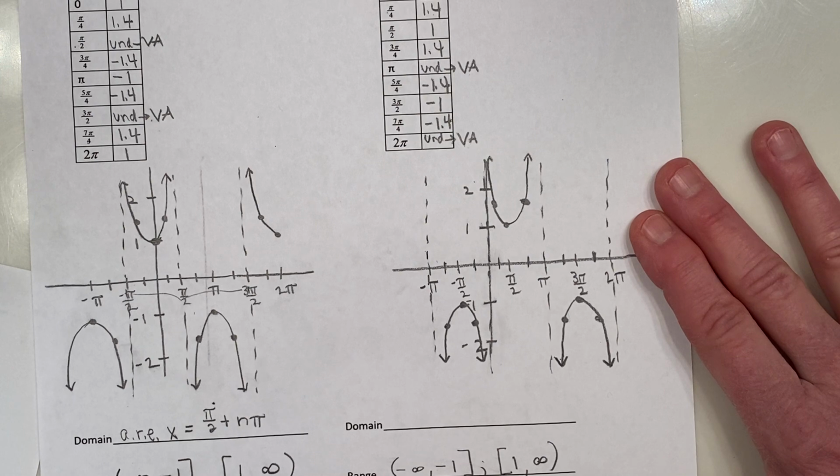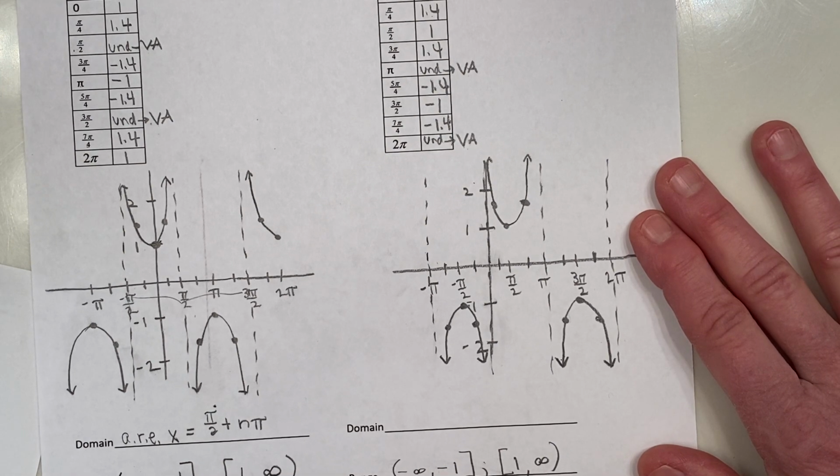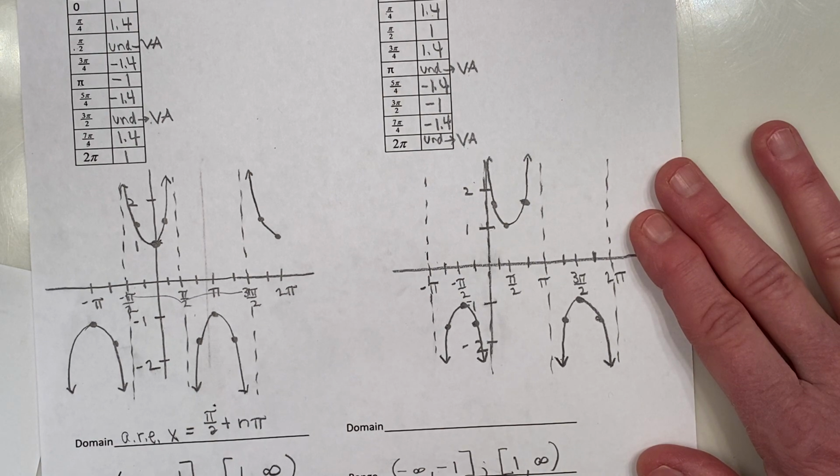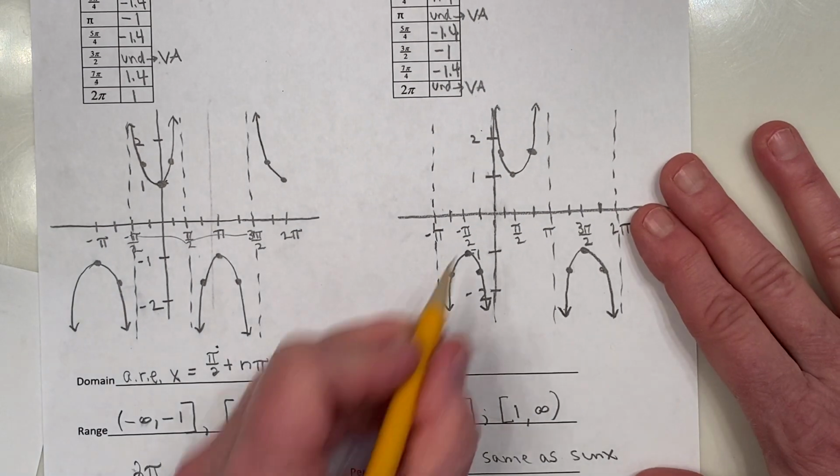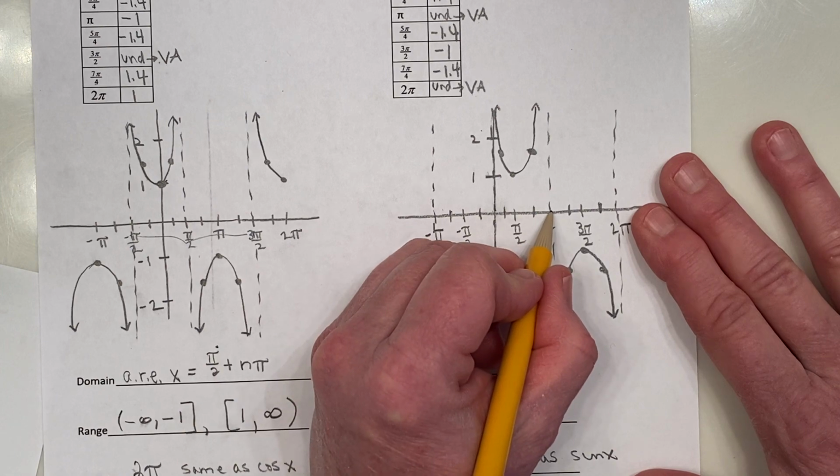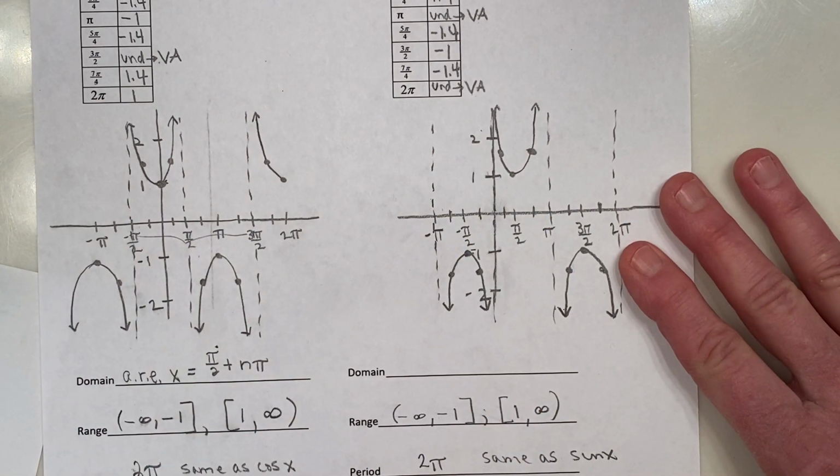Period is 2 pi. It's going to be the same as sine, since cosecant's reciprocal is sine. And the vertical asymptotes occur at x equals 0 plus n pi. Not n times 2 pi, because on the secant and cosecant, halfway in between that, we do have another vertical asymptote.